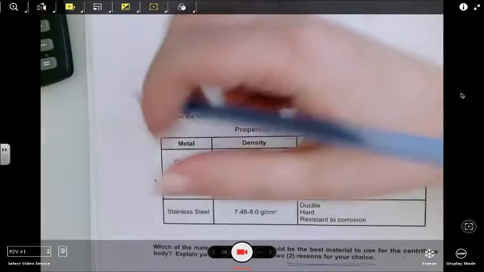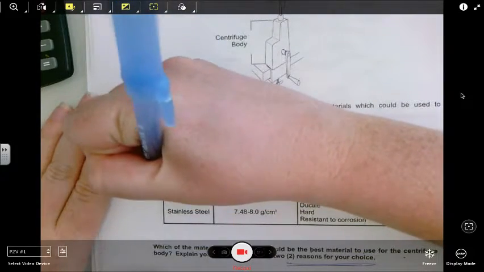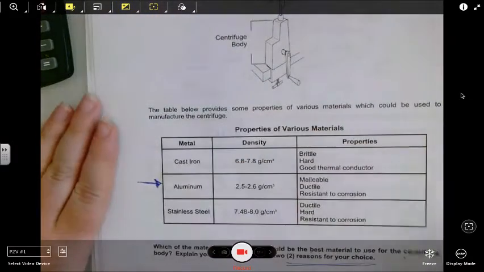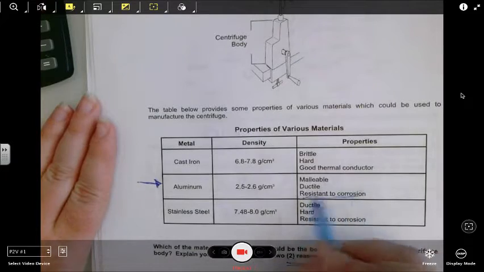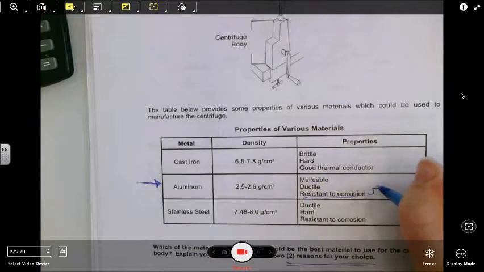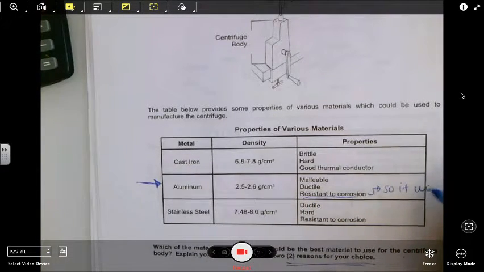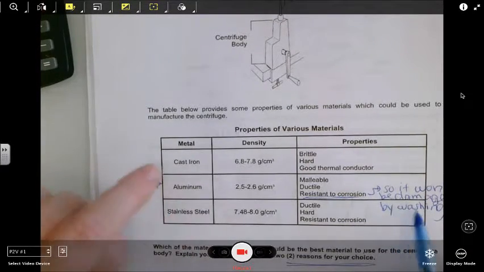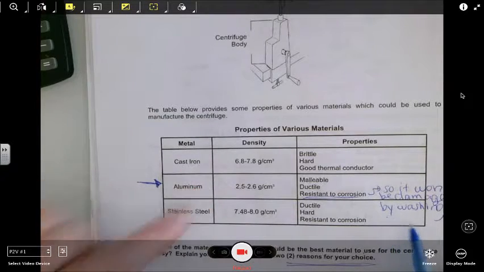So I would say aluminum, and my 2 reasons would be it's resistant to corrosion, and I would explain so it won't get damaged with washing. Okay, but my second reason, because we could have had that for stainless steel as well, would be that it's going to be transported on rough roads to various villages.